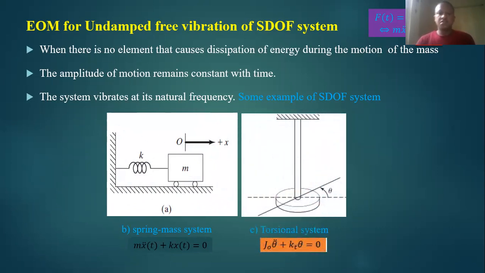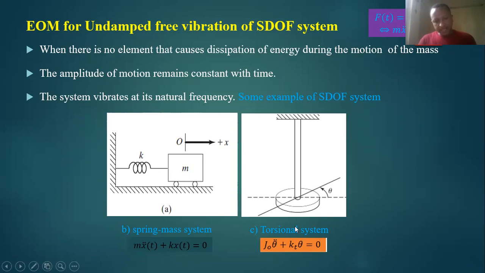This is a torsional system which is vibrating about this axis, the torsional vibration. So here m x double dot of t plus k x of t is equal to 0. Mass is the inertial property, characterized by acceleration, and the material stiffness property k is characterized by the deflection or deformation of the structure.